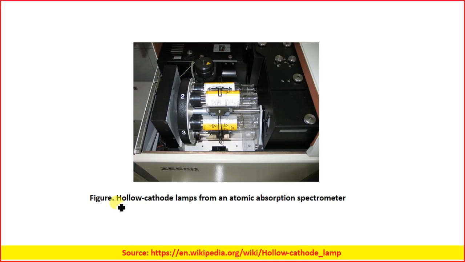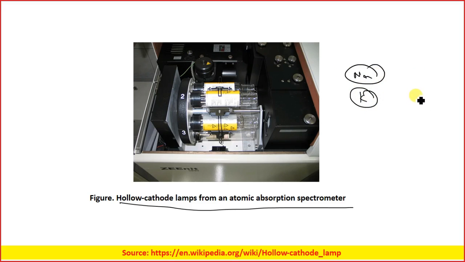Now, hollow cathode lamps for an atomic absorption spectrometer. As I said, if you want to go for sodium analysis, you will need a particular hollow cathode lamp. If you want to analyze potassium, you need a potassium lamp. If you need to analyze any other metal ion, say manganese, then you will need another hollow cathode lamp. So in a typical atomic absorption spectrometer, you will have a series of cathode lamps. Can you see?